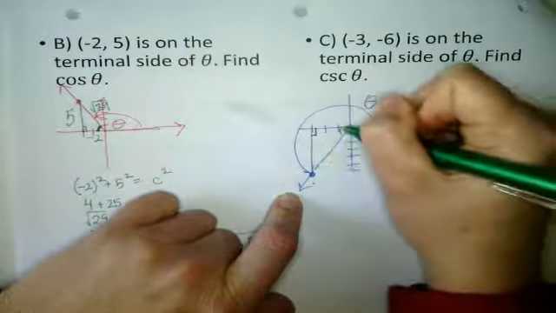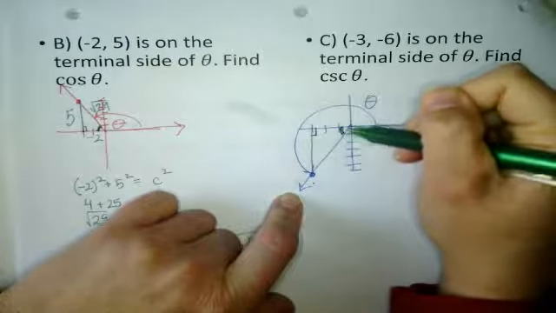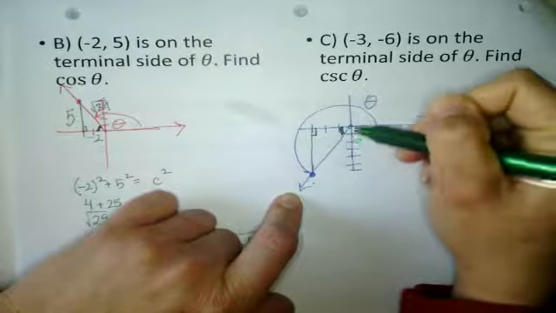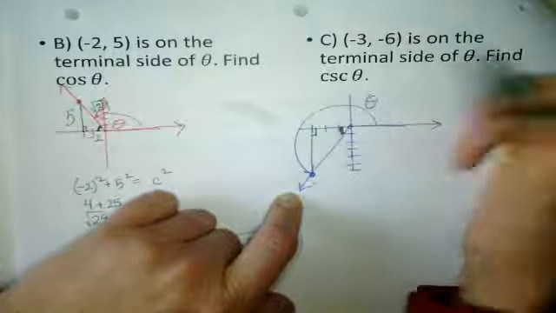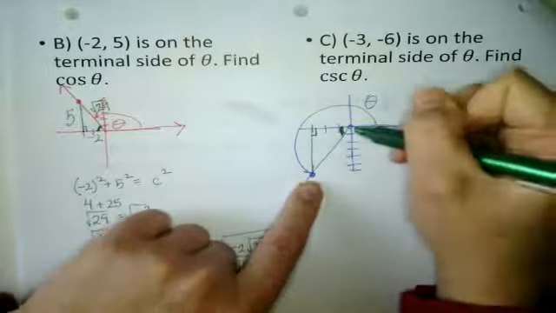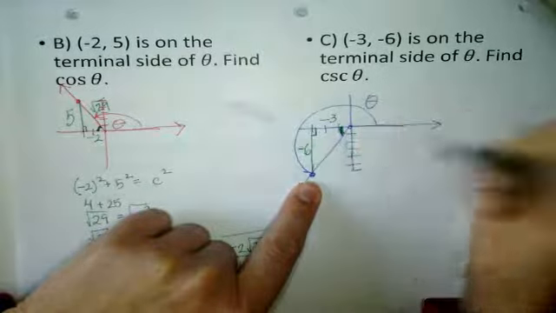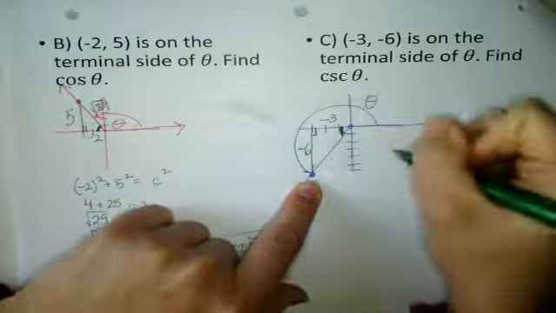Because we have to create this little reference angle, which is always between the x-axis and the terminal side, not between the y-axis and the terminal side. So always here. And you can see then that we have a side length of -3 and this longer leg of -6. We need the third side.